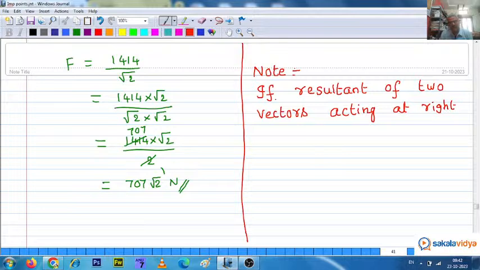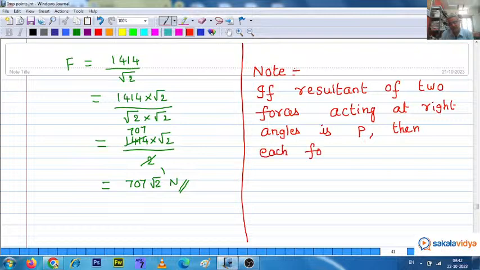This is forces, means you can write forces also, no problem. Forces acting at right angles is P, then each force is equal to P by root 2.